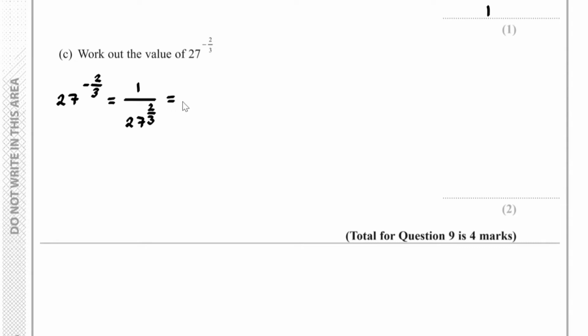And 27 to the 2/3 is the same as raising 27 to the 1/3 and then squaring the result. 27 raised to 1/3 is the cube root of 27, which is 3, and then we square this. And it turns out our answer is 1/9.